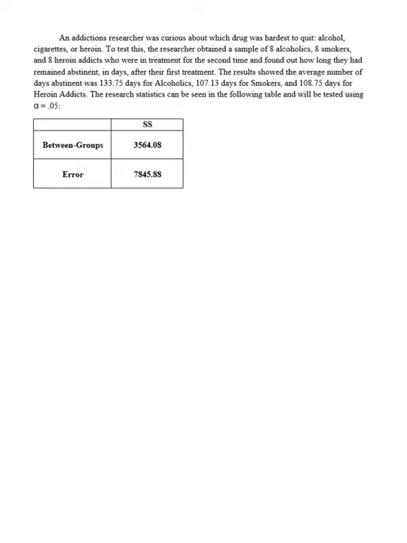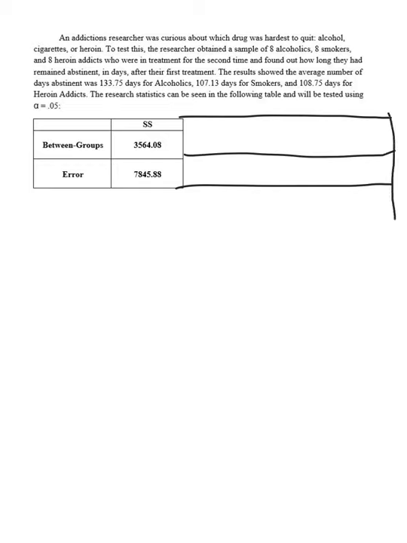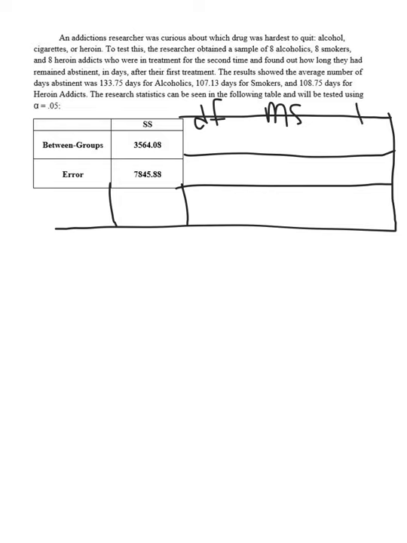To the next page, if you remember, I'm going to continue this. Maybe I'll get it a little neater this time. So df, and then we have mean square, and we have F. We have 2, we have 21, and we had 23.